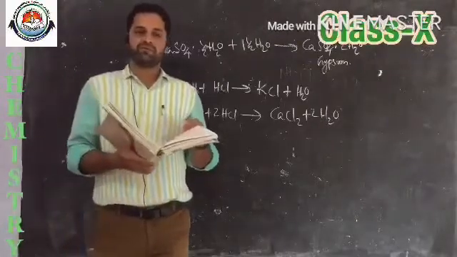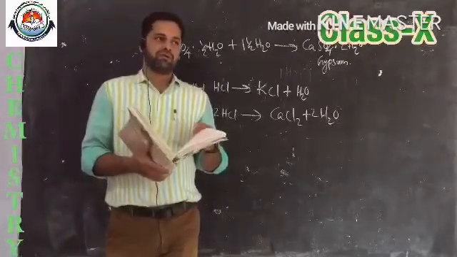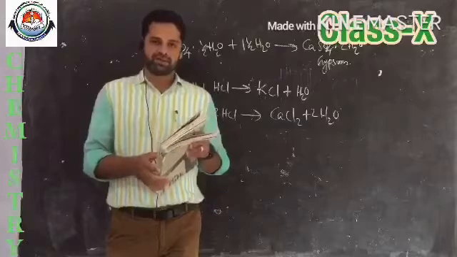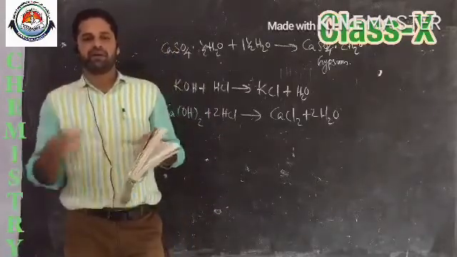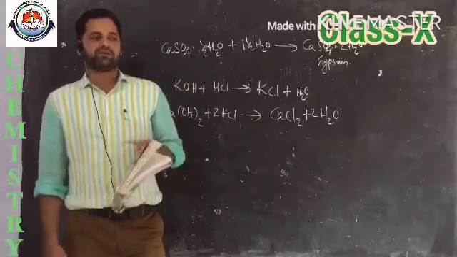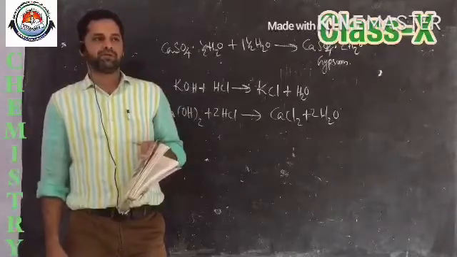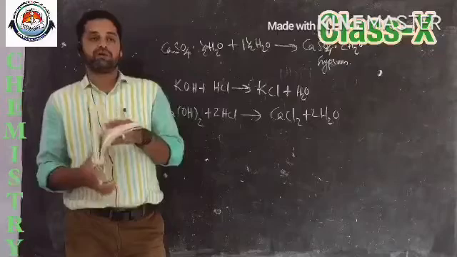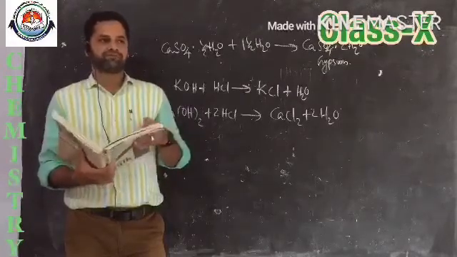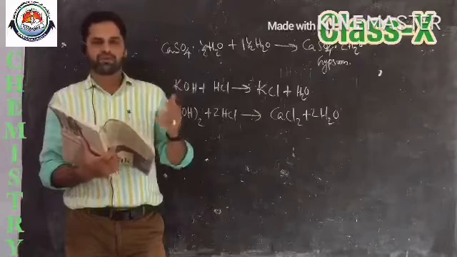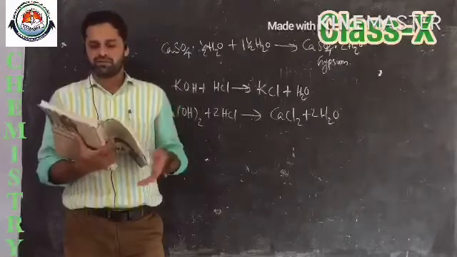Washing soda is used to remove the hardness of water; hard water can be softened by adding washing soda. It is also used in the manufacture of soda ash.